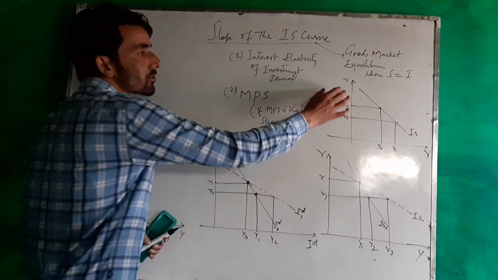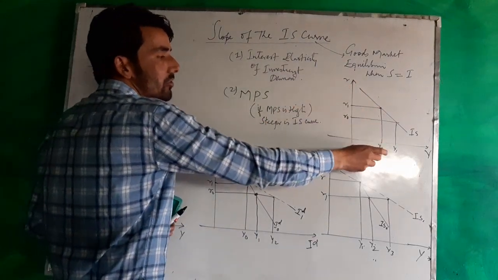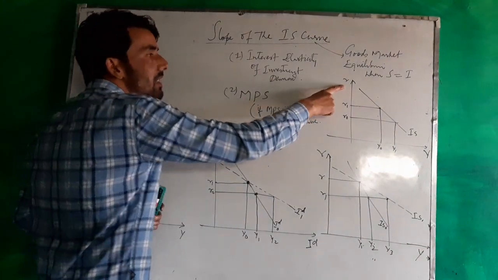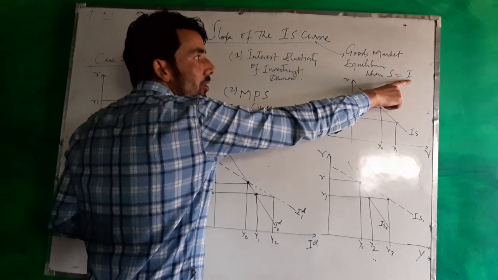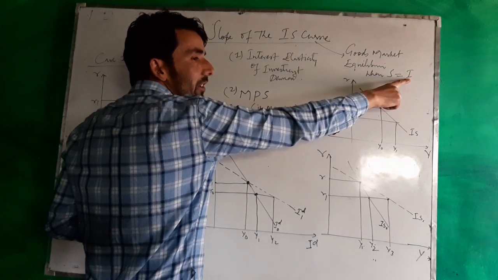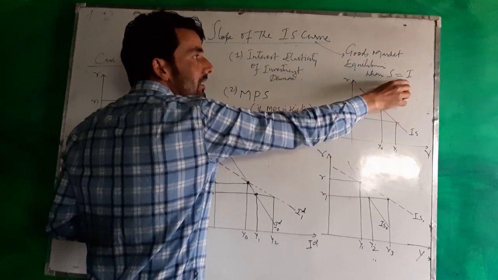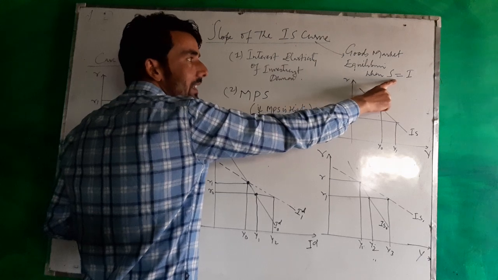And this IS curve slopes downwards, reflecting that a higher rate of interest is associated with a lower level of output. The rate of interest affects the investment demand here. So if this side of the equation is changed or affected, then there must be a change in this side also in order to maintain the equilibrium.